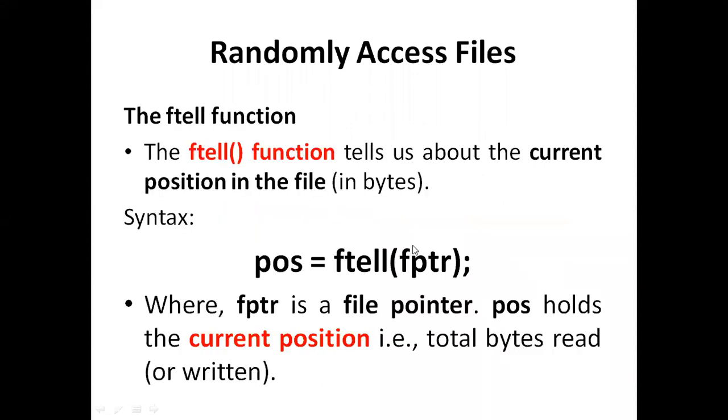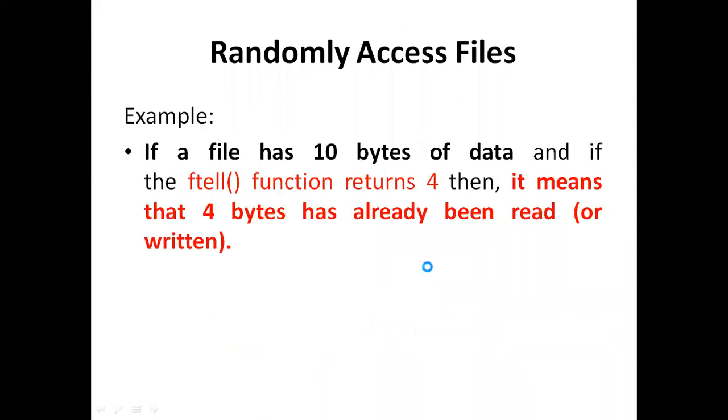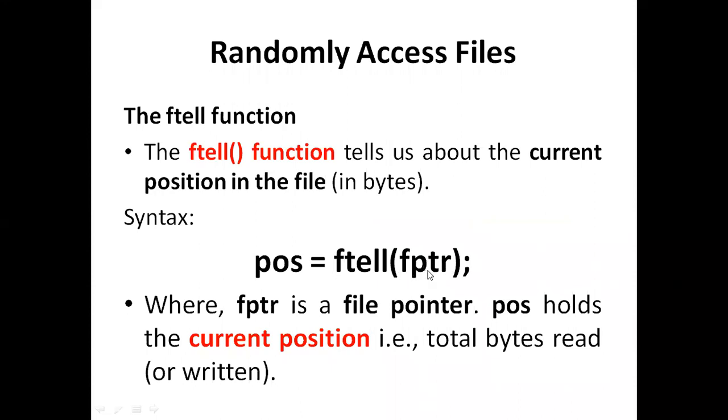To find out the position, the functionality we are using is ftell. For this, the parameter we are passing is the file pointer, and it finds the current position inside the file. Suppose inside the file we have "I am xyz.